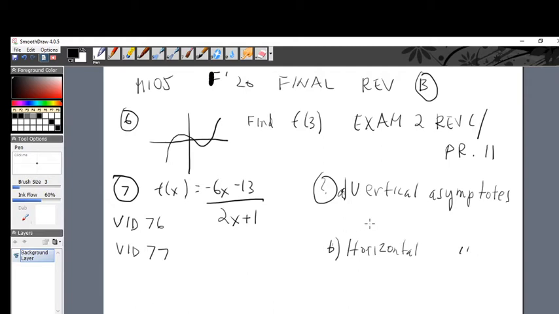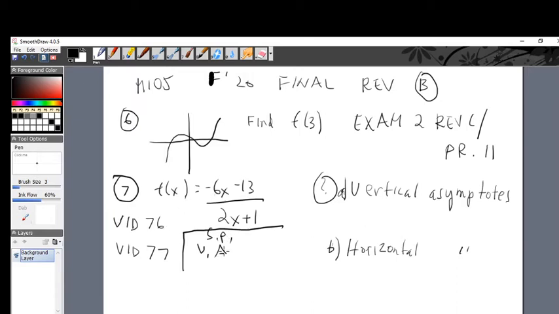So to get the vertical asymptotes, I'm going to just say V point A, and here's our scrap paper. Here's the videos to go look for. Just like you can see those videos for number 6, you can see these videos for number 7. But I'm doing it together with you.